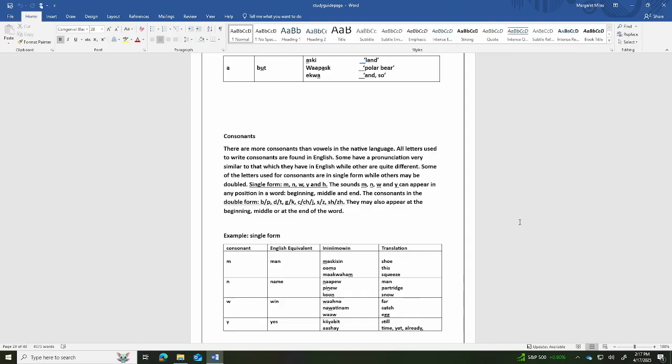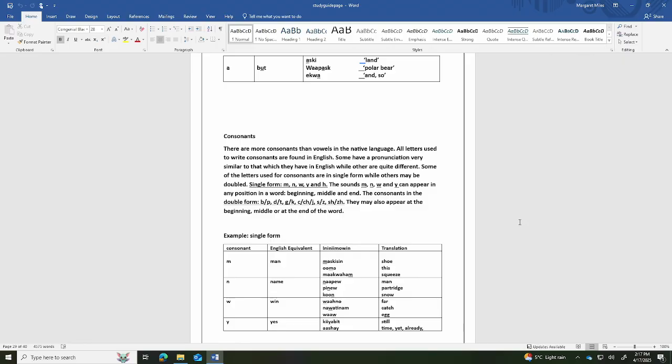So with the consonants, there are more consonants than vowels in the native language. All letters used to write consonants are found in English. Some have a pronunciation very similar to that which they have in English, while others are quite different. So the consonants are in single form and others are doubled.